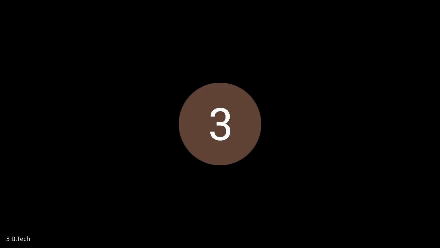A differential amplifier is a DC coupled amplifier that amplifies the difference between two input signals, and it is the building block of, as I already told you, analog integrated circuits, amplifiers and operational amplifiers.